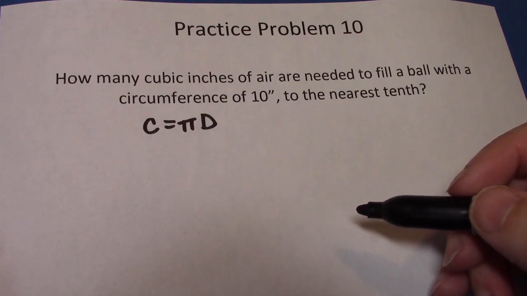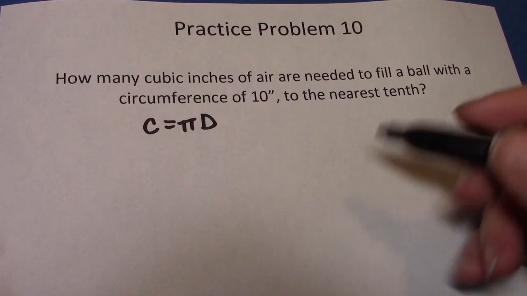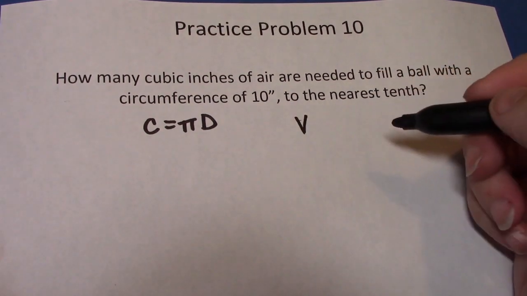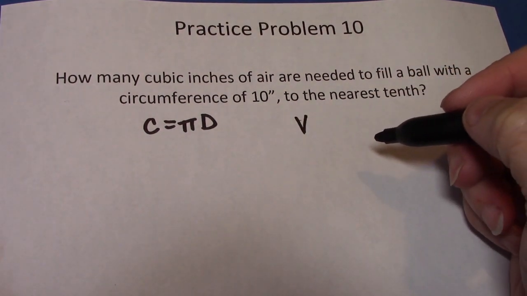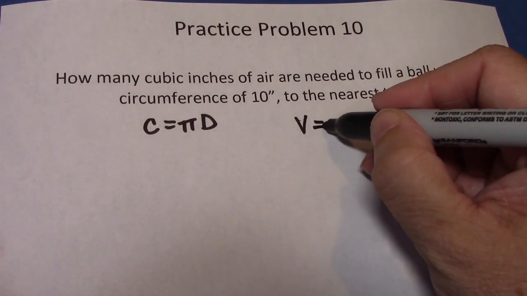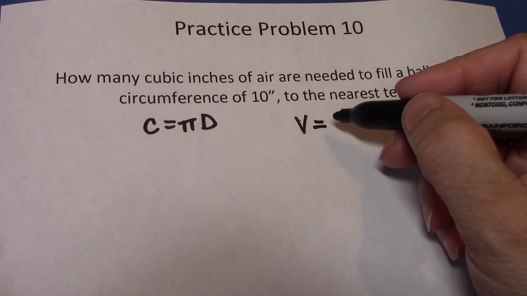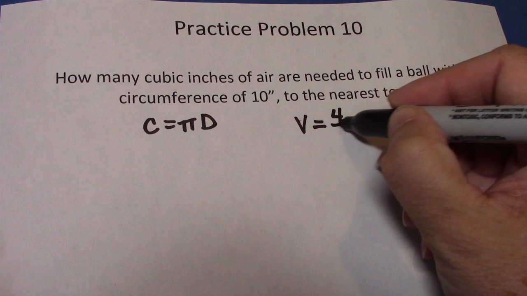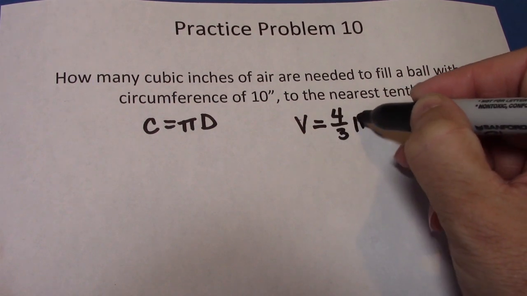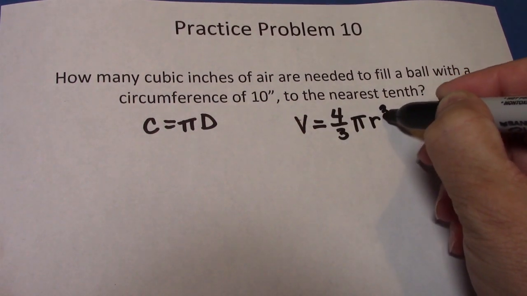Problem 10 says how many cubic inches of air are needed to fill a ball with circumference of 10 inches to the nearest inch. Well, we need to find the volume of a sphere, because a ball is a sphere, and the formula for that is 4/3 pi times the radius cubed.